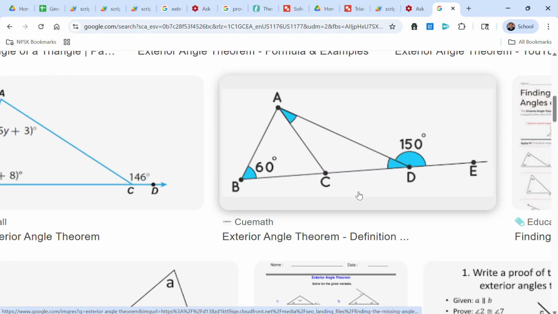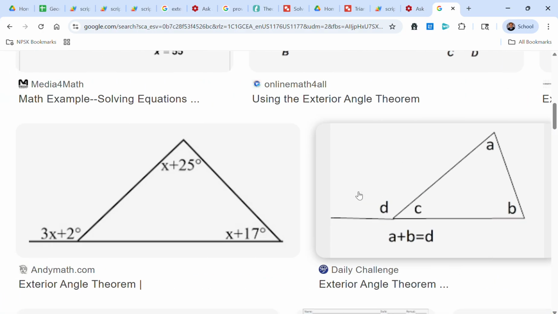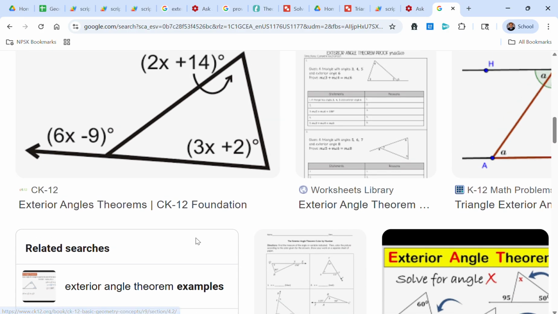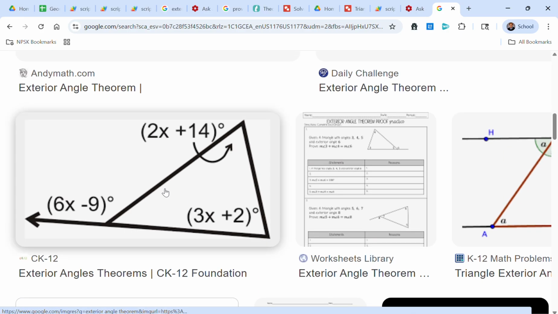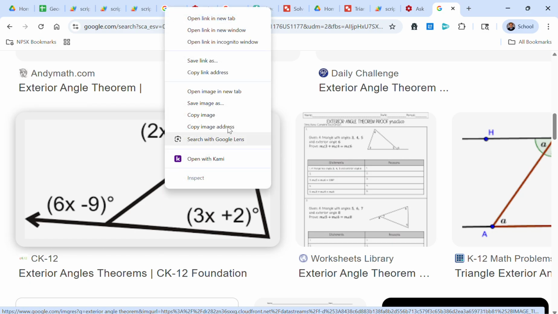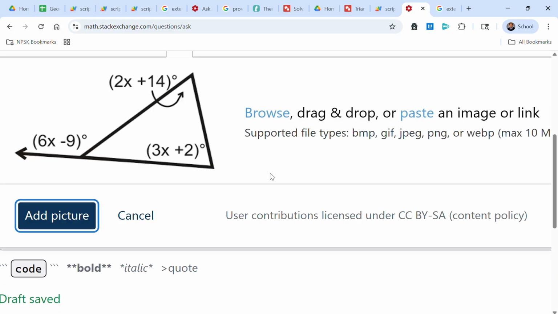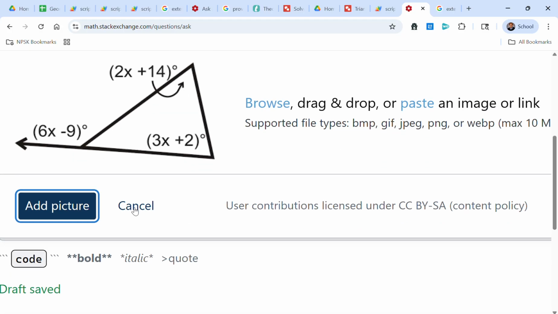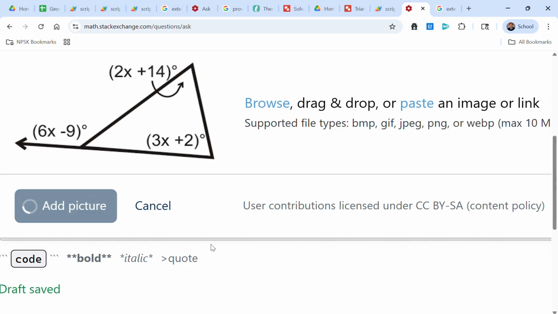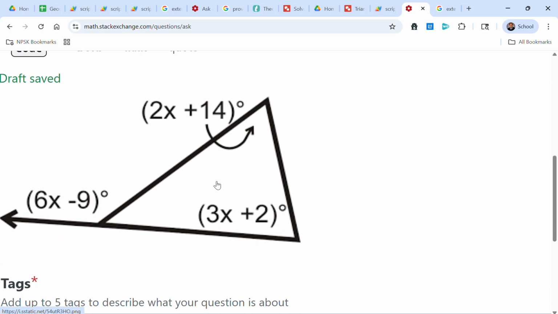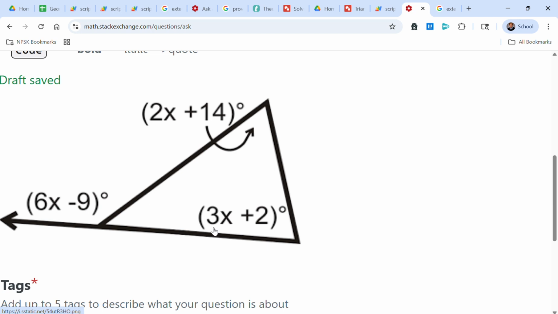Let's see if I can find an example. Okay, let's say it looks like this. I wonder if I can copy this. Okay. Let's say I have something that looks like this, and I want to figure out what x is. Okay, there's a lot of stuff going on here.